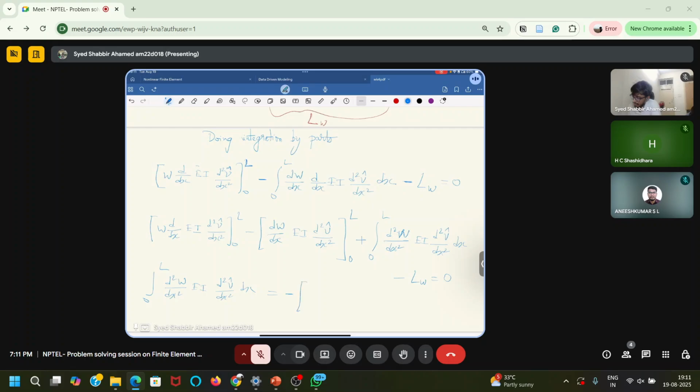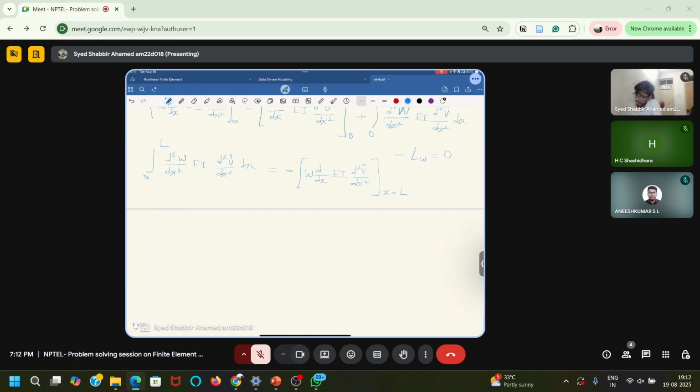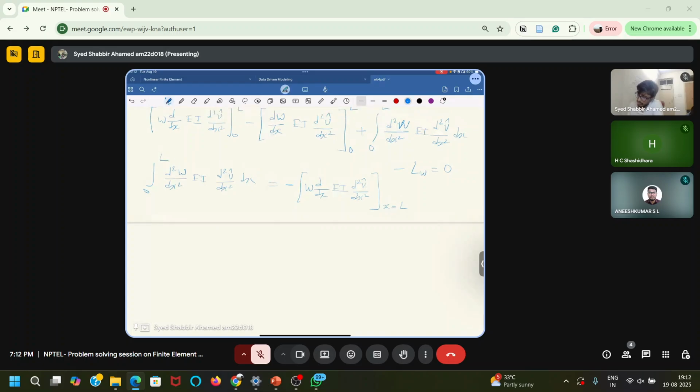I have w into d by dx d square v cap by dx square at x is equals to L, plus the same thing at x is equals to 0.